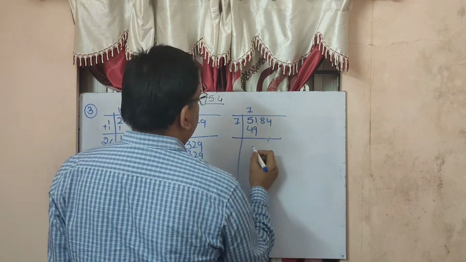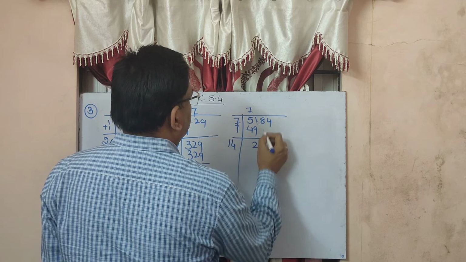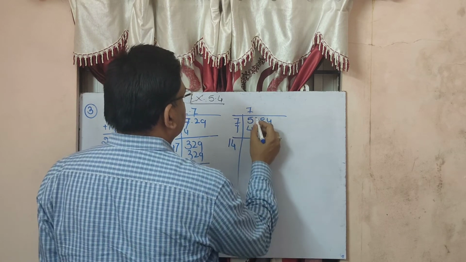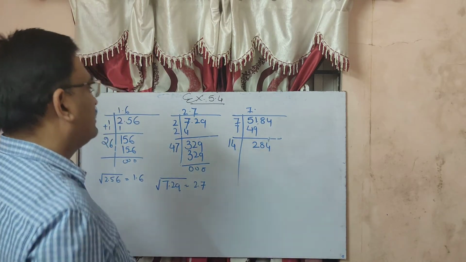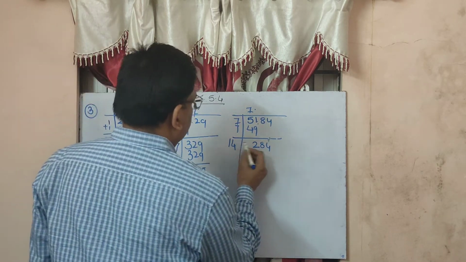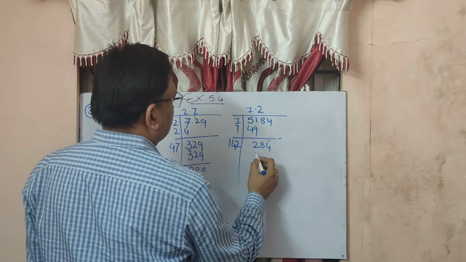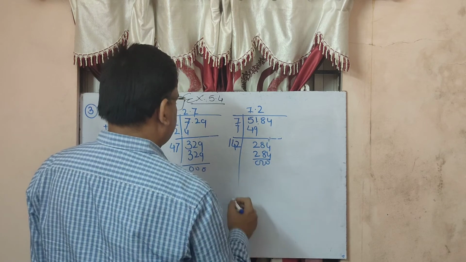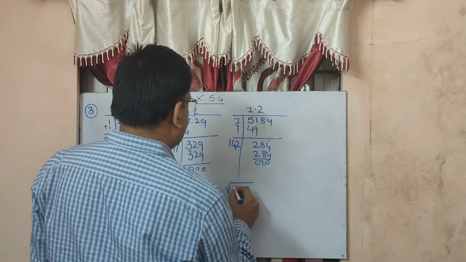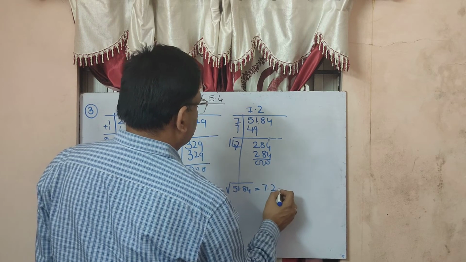So 51 minus 49 is 2. 7 plus 7 is 14. So take it down. 84 point is there. Put point here. So now 284. So 2, 144 2 the 284. That's it. So therefore the square root of 51.84 is 7.2.